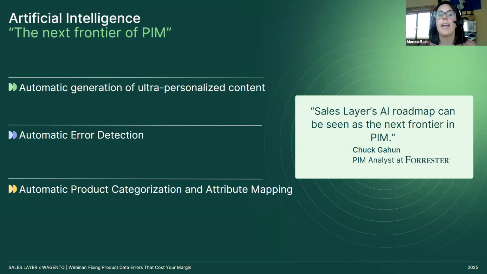So there's going to be error detection within your PIM as well, because one of the main purposes of a PIM is to increase product accuracy. And then also being able to automatically create categorization and attribute mapping. So that is also going to be on the roadmap for our AI enhancements.